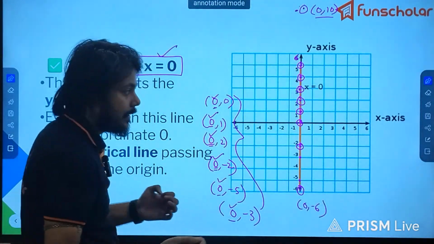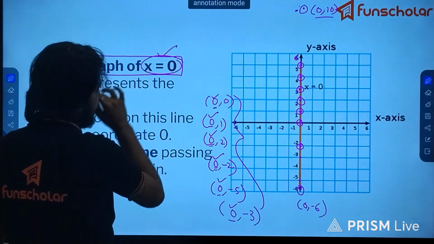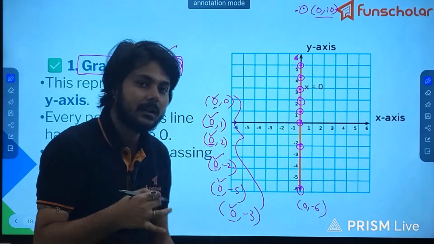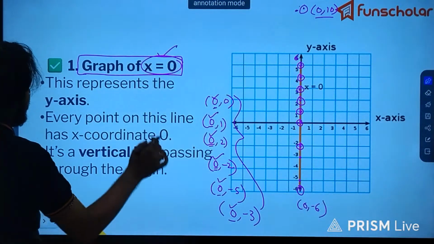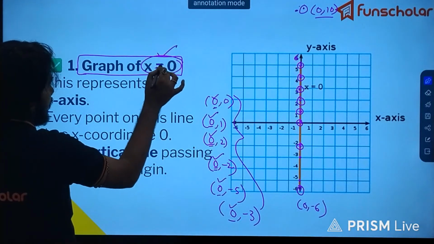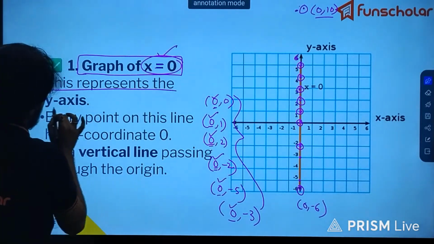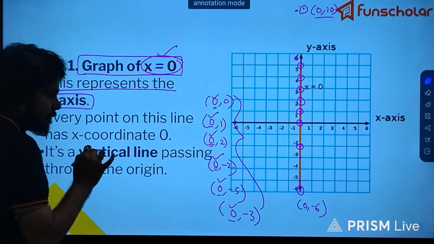So can I tell that if the abscissa is 0, then the point will lie on the y-axis, and hence we can conclude that x equal to 0 is the representation of the y-axis.